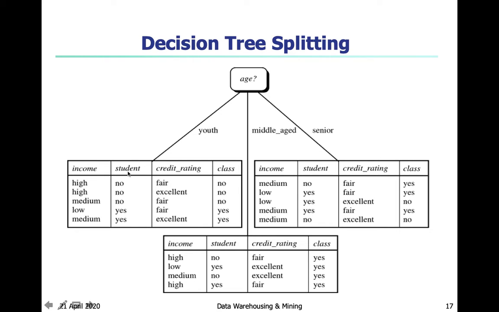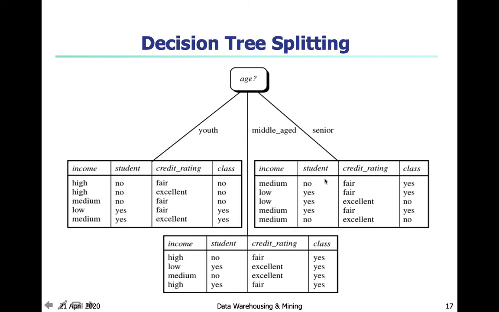Here also again we will do the same processing based on these three criteria. Again we will find the entropy and the gain of income, gain of student, gain of rating, and then we will find which one will be the best splitting criteria.